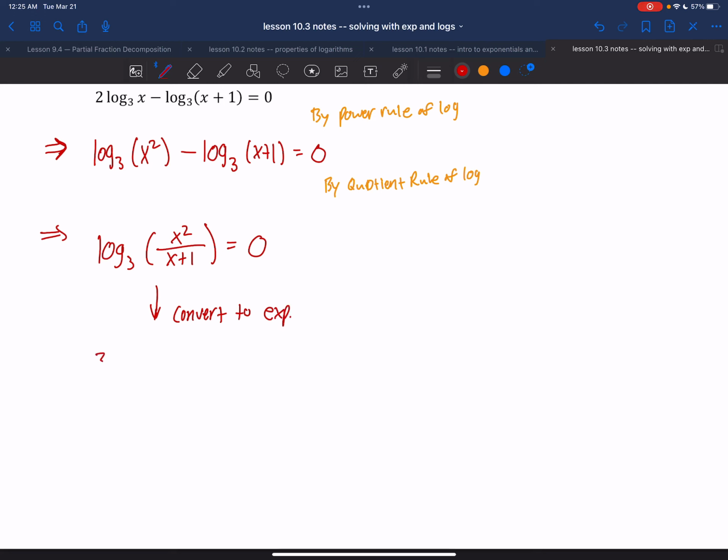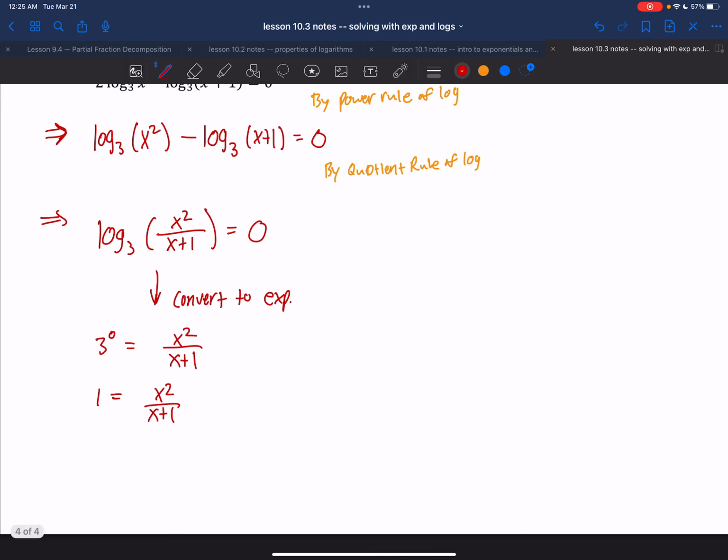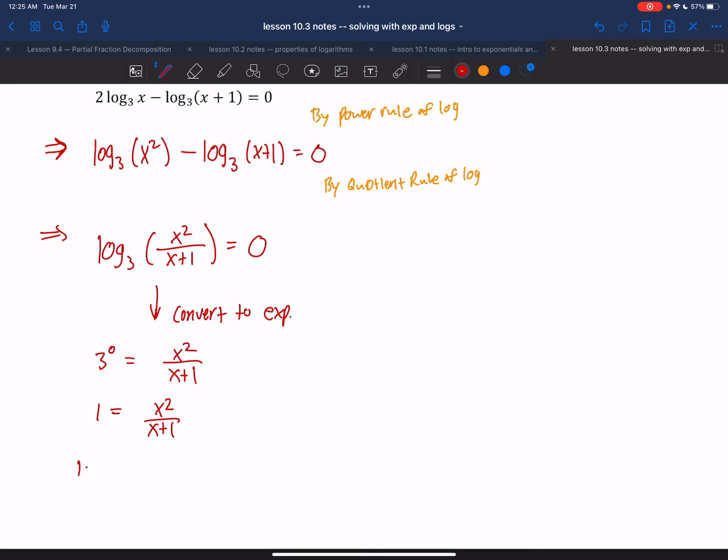I say that 3 to the power of 0 equals x squared over x plus 1. But of course, 3 to the power of 0 is 1. I'll multiply both sides by x plus 1, so it's 1 times x plus 1 equals x squared. So I've got x plus 1 equals x squared.